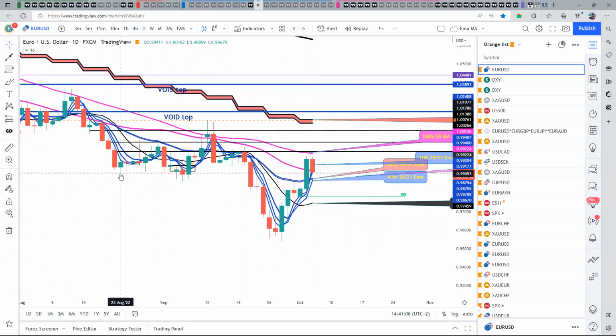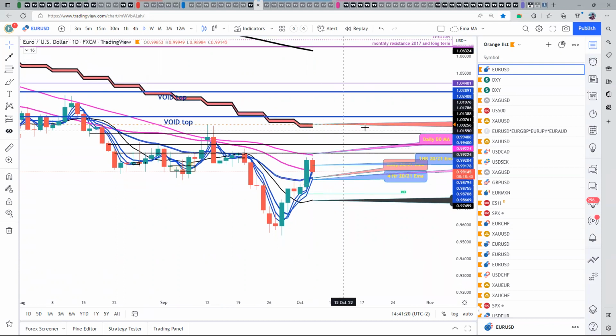So it's really an important area that will for sure provide some support if Euro USD comes back in that area to retest it, and then we would bounce.